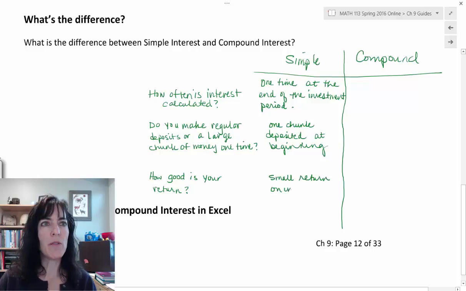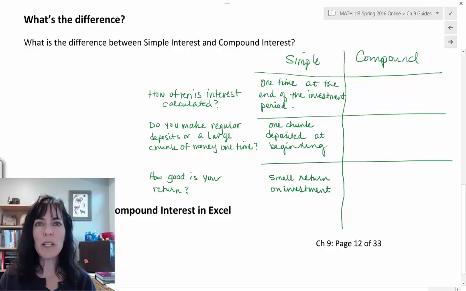return on investment. And then what I like to do is think about the other type of interest that we're comparing. So we wrote up information about simple interest, and now I'd like to look at compound interest and answer those same questions. So for simple interest, we said, how often is interest calculated? One time at the end of the investment period.